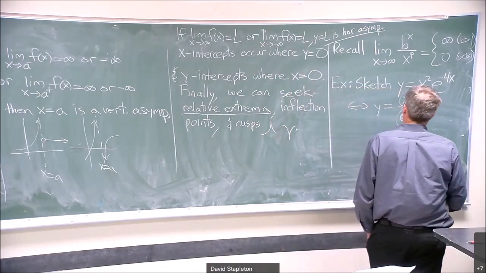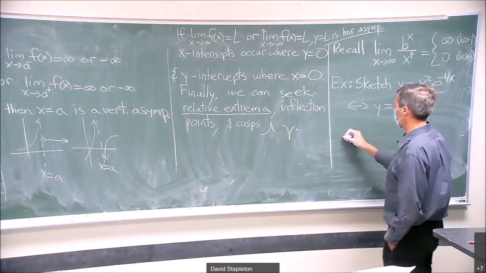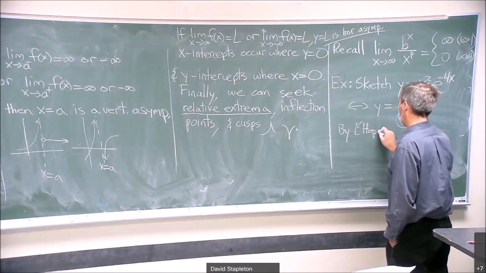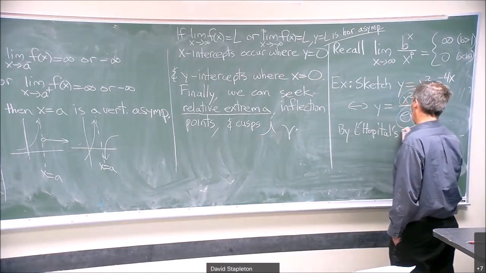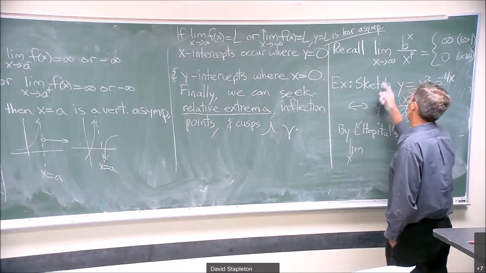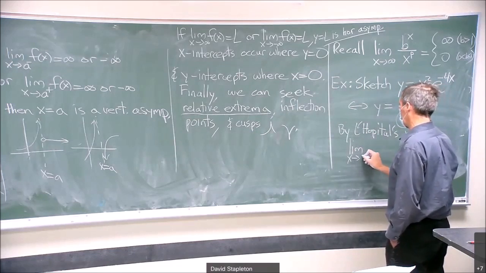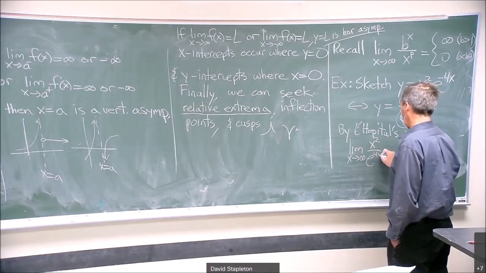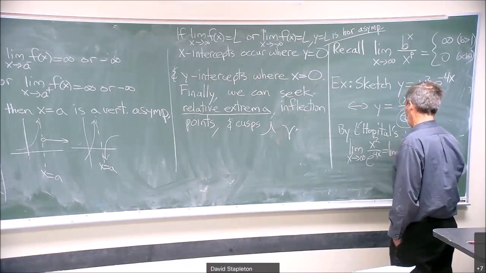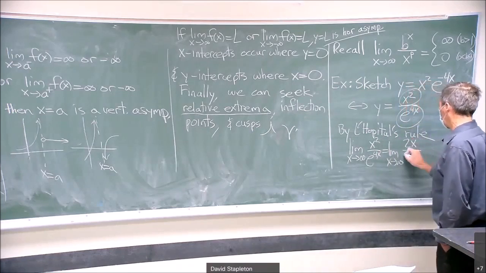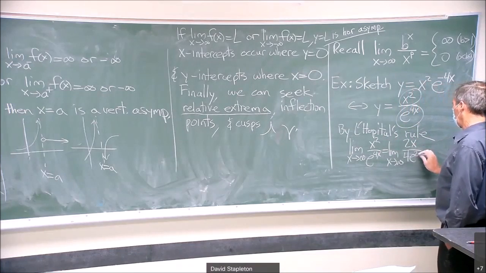Now, because the exponential outgrows x squared, we know by L'Hopital's rule the limit as x goes to infinity of x squared over e to the 4x, provided it exists, is the same as the limit of the derivative over the derivative, which is still in indeterminate form because it's infinity over infinity.